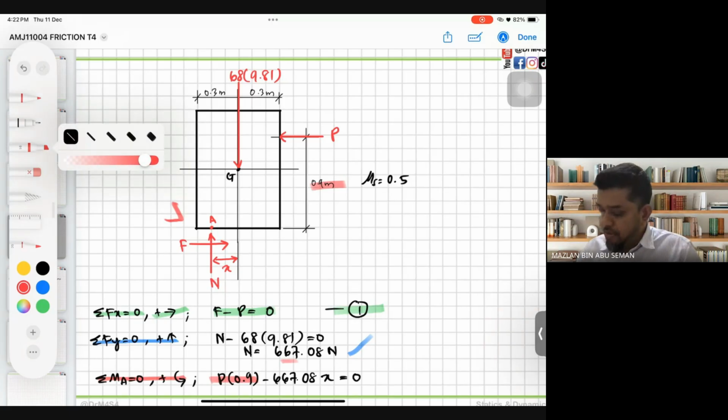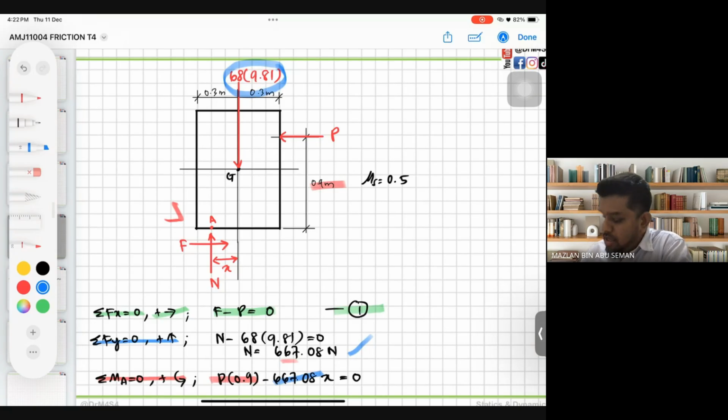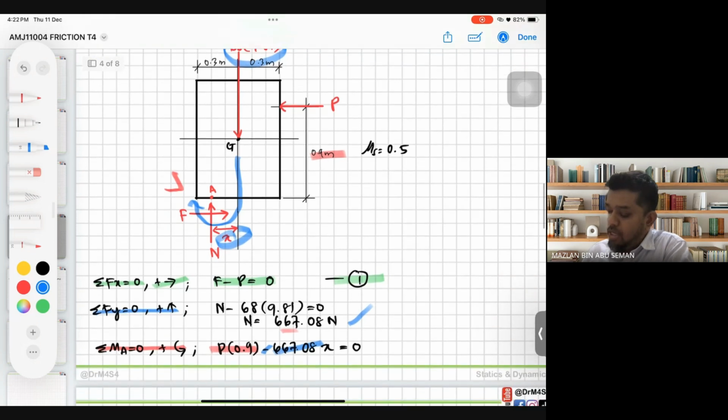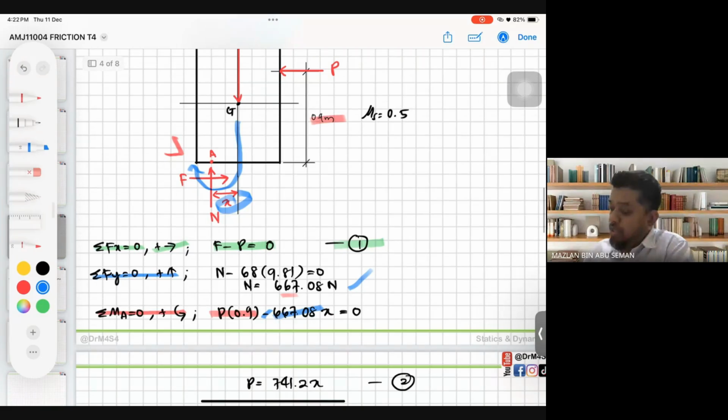This is from this value, minus 667.08 to point A is clockwise. So that means it's negative, times x. So we have the equation. So we solve this. We have our P is 714.2 x.